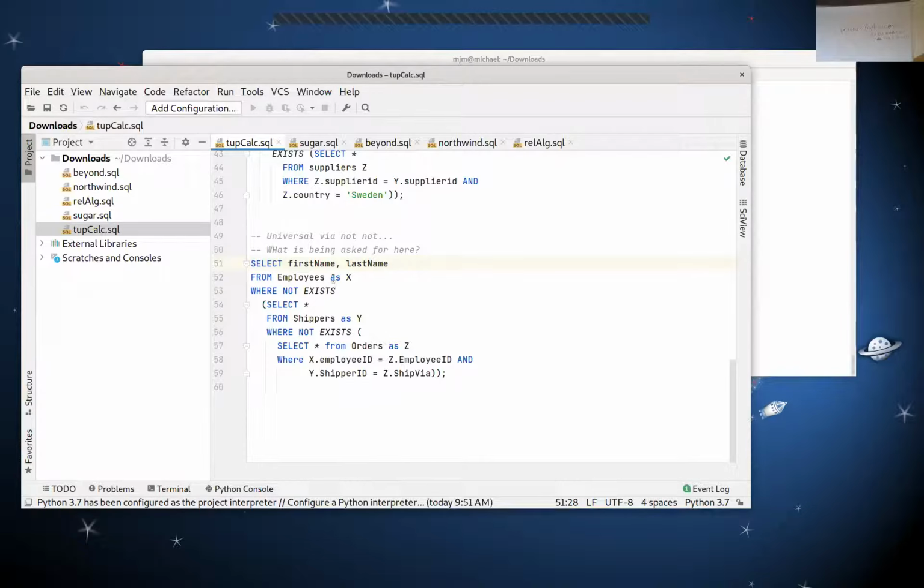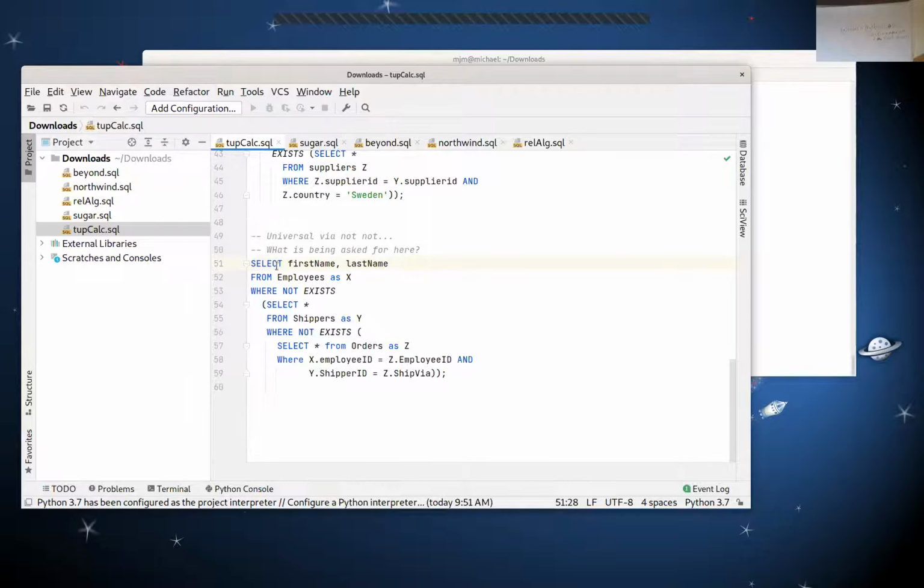Right. So an employee shipping with a shipper means that there is a record of that employee, an order where that's the employee, and that's the shipper. So for an employee to ship with a shipper, there has to be an order with that shipper and that employee processing the shipping order, right?